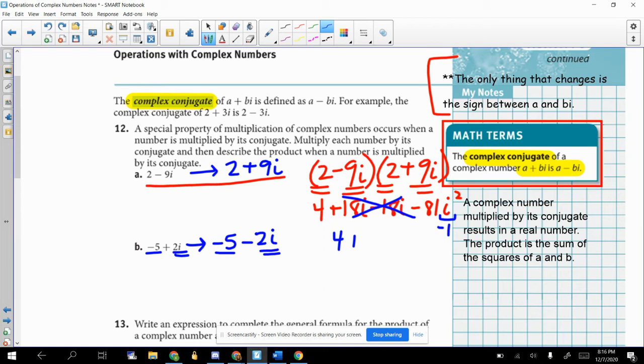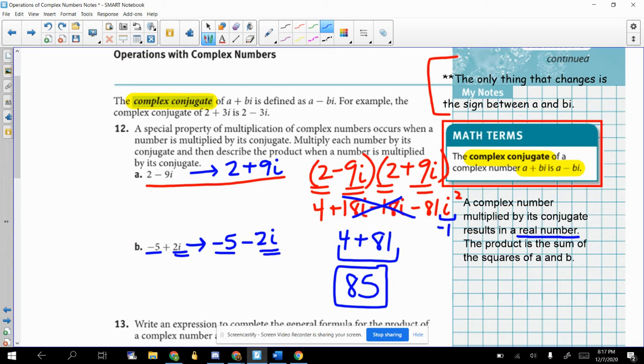So negative 81 times negative 1 becomes a positive 81. Then we add those two together and we get 85. That is the whole point of a complex number being multiplied by its conjugate: it results in a real number. As you can see, we got 85.